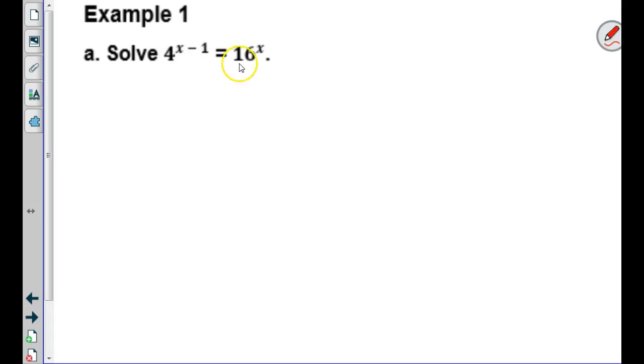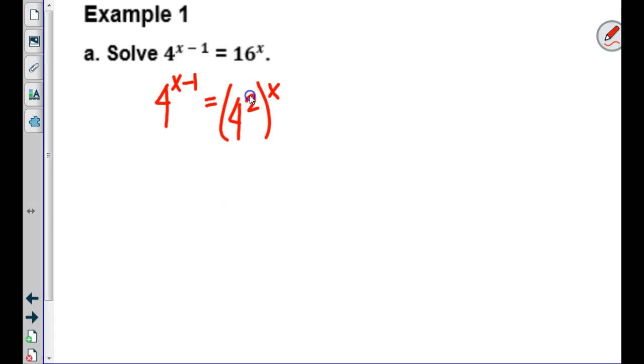You can't make 4 and 16 have the same base? They're both powers of what? 4 or 2. Yes. If you don't want to have to do anything extra, leave this as a 4 and rewrite this as what? What is that as a power of 4? 4 squared.